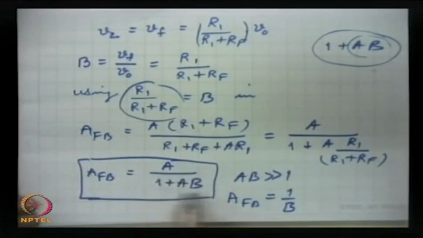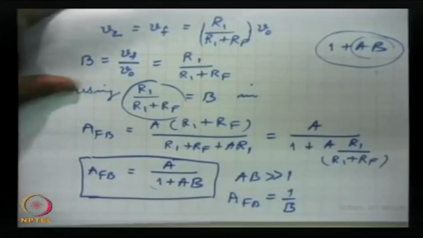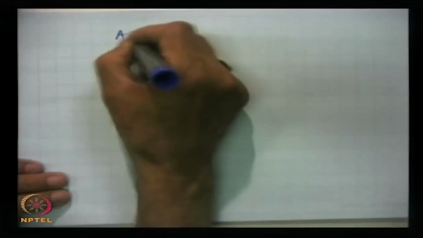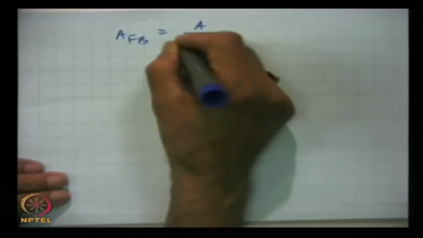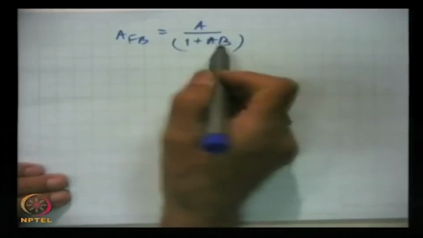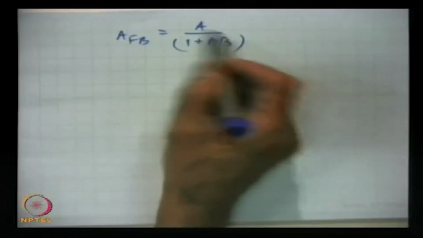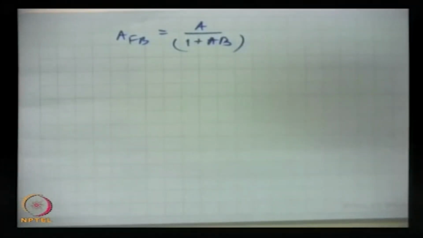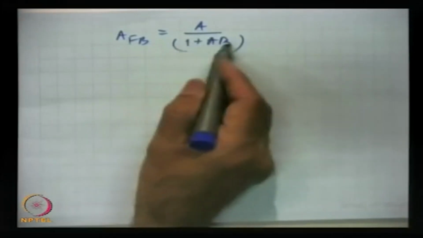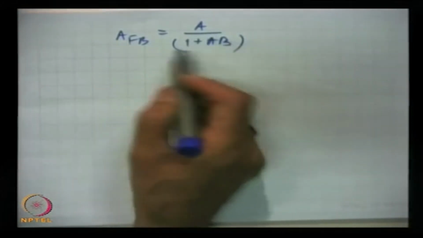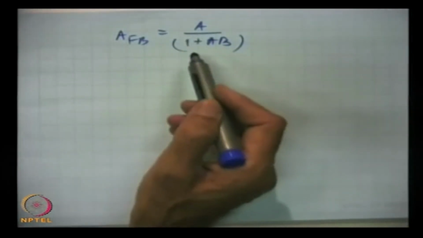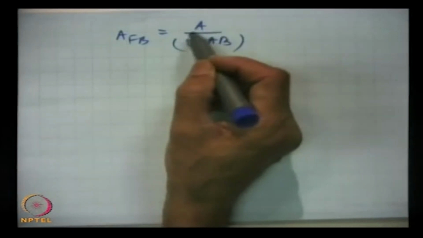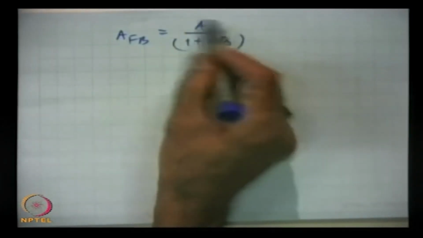So with this expression, you remember we said that with feedback, because the gain is A by 1 plus AB, all quantities will vary, either increase or decrease by a factor 1 plus AB. If they increase, we will have to multiply by this factor, and if they fall, we will have to divide by it. So the sacrifice we are making is that the gain falls from A to this.